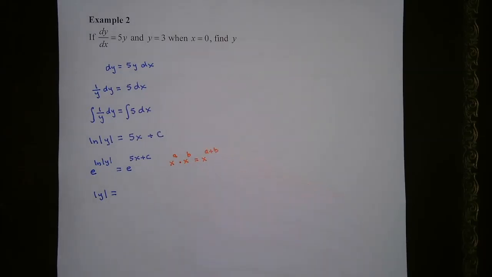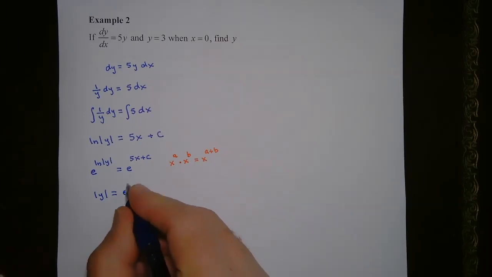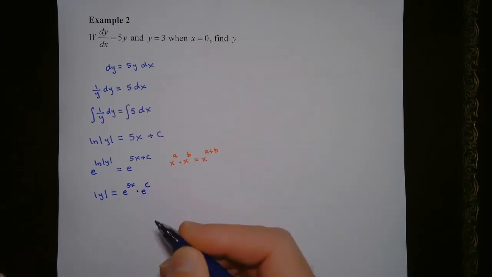That's just an exponent rule. Okay, so I'm going to use this fact to rewrite it like this, okay? So what this becomes is e to the 5x times e to the c.